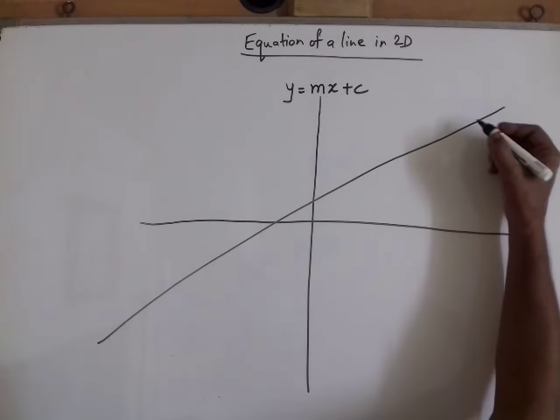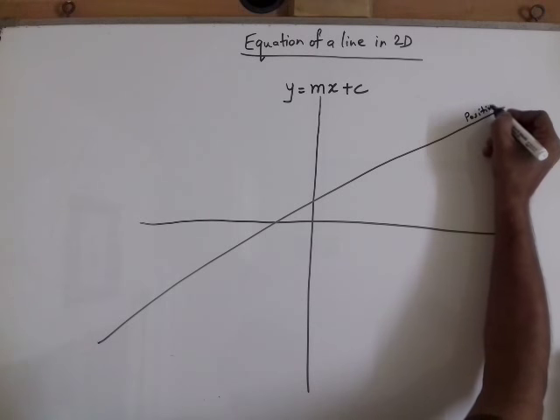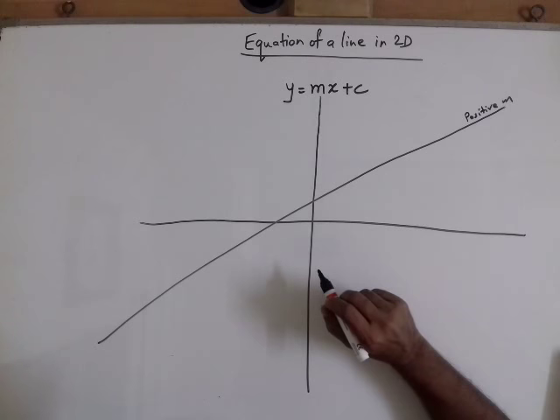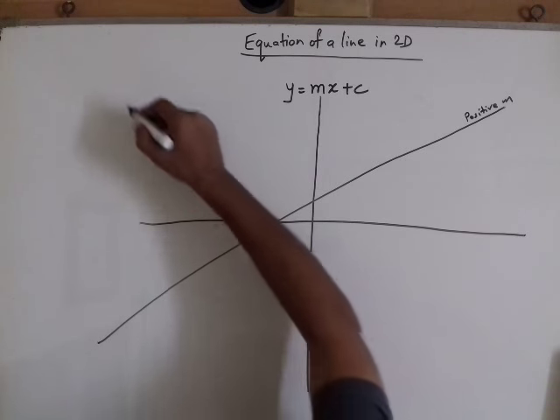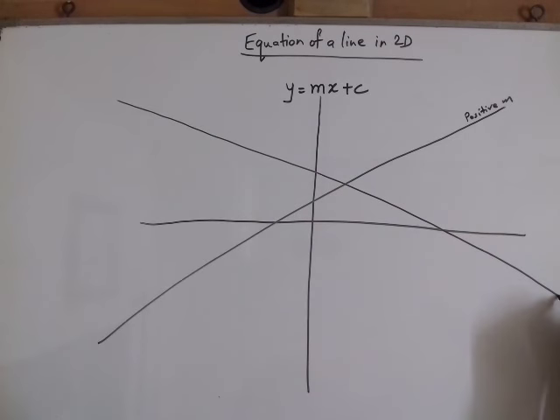Okay, so this was the case of positive slope or positive m. If m was negative, then we knew that the line started high on the left side and sloped downwards as it went right.